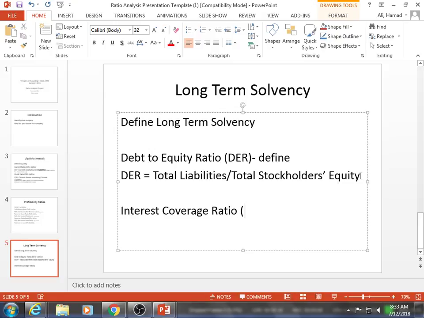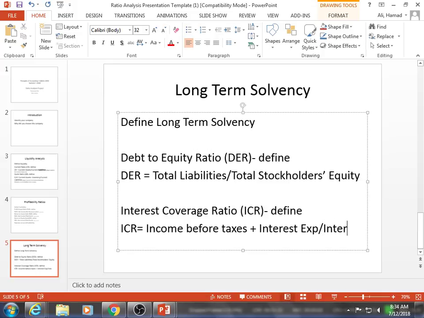All right, the interest coverage ratio is equal to income before taxes plus interest expense, the whole thing divided by interest expense.